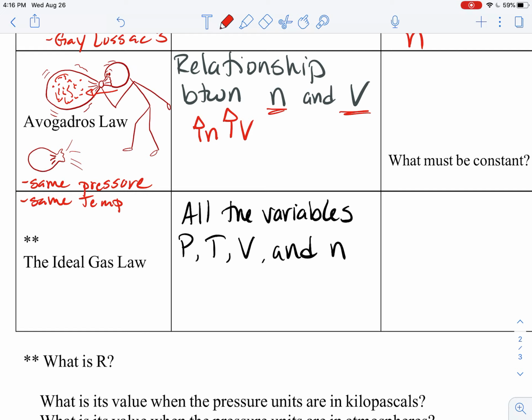The size of the balloon will get bigger. If you were to release that bag or balloon and allow the gas particles to leave, then we're going to get a reduction in our moles of gas, and that's going to cause a reduction in volume. So the size of our balloon or our flexible container will get smaller when there's less gas inside.